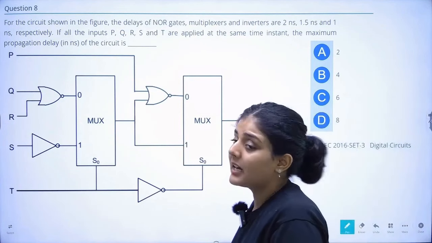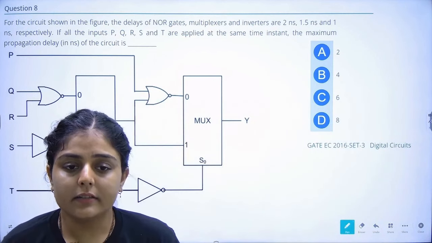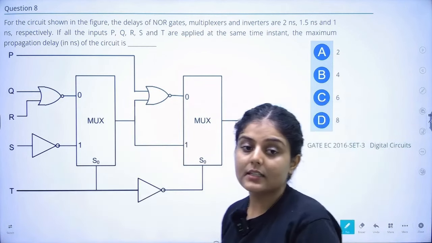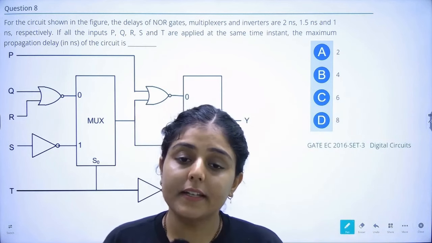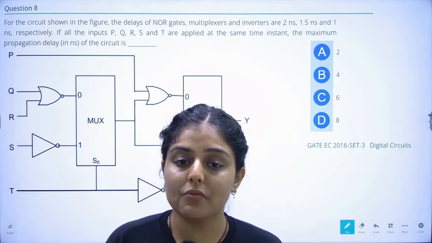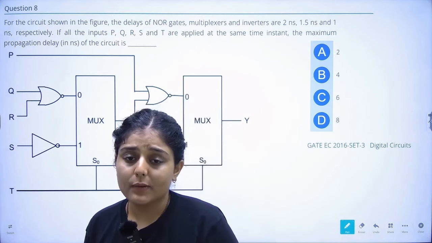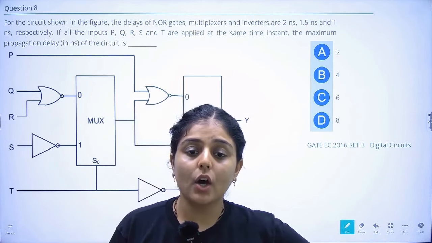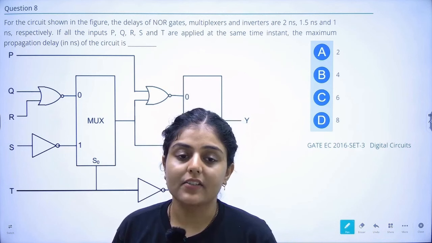Next question says, wait, lengthy question. It says that for the circuit shown in the figure, the delays are given. The delay of the NOR gate is 2 nanoseconds. The delay of the multiplexer is 1.5 nanoseconds, and the delay of the inverter, which is the NOT gate, is 1 nanosecond.